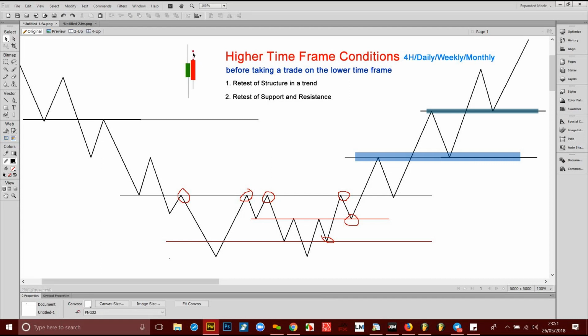You may even see something like this. That's still valid. You may see something like that, or maybe something like this even.